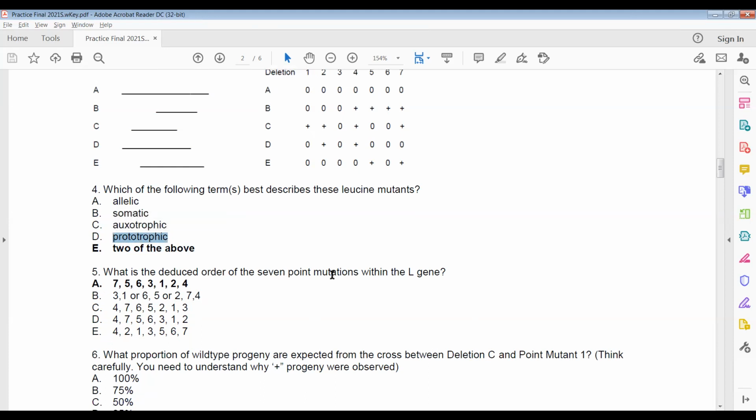So what is the event I refer to? If during this cross something happened, with a very small chance some progeny from this cross may become prototrophic, and it can grow by itself on the minimum medium.